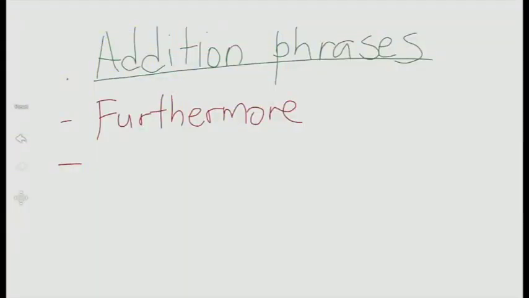And then beyond that one, we can also use this one, which says in addition. Here you are giving more information. Again, you can say in addition, just to make sure that you want to make your case stronger.